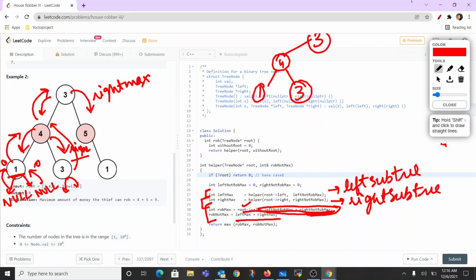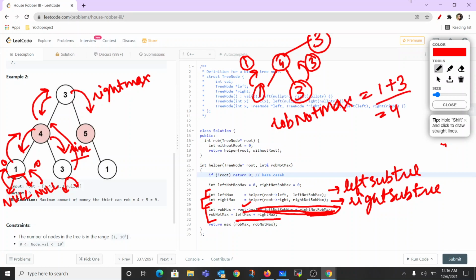Means it's root. So here, when left max and right max are returned, left max would be 1 for this and right max would be 3 for this. So at this particular point, that rob not max value would be equal to 1 plus 3, that is equal to 4.